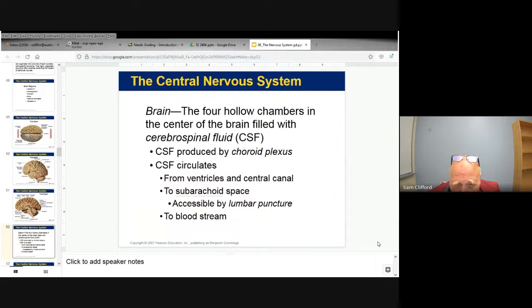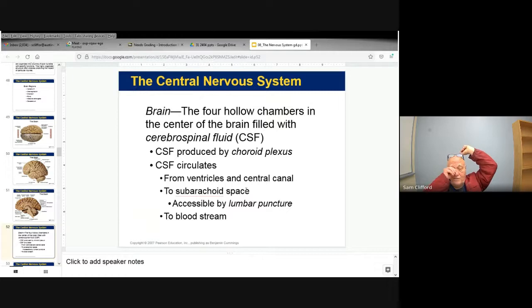Okay, there are four hollow chambers in the brain, or ventricles. The cerebrospinal fluid circulates through these ventricles of the brain and the central canal of the spinal cord to the subarachnoid space, and that fluid is constantly circulating. That's how important it is.